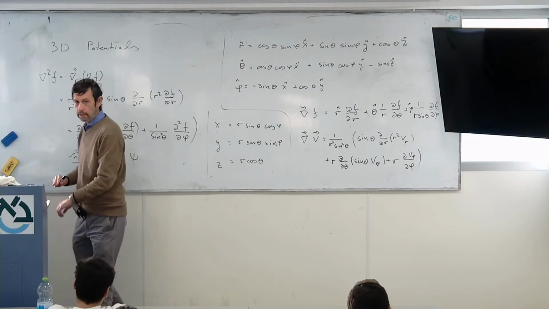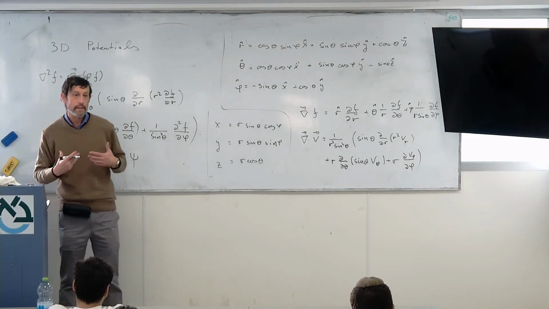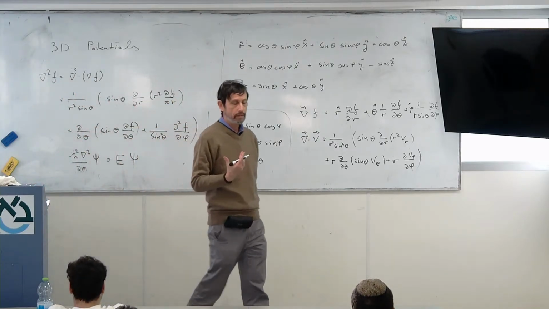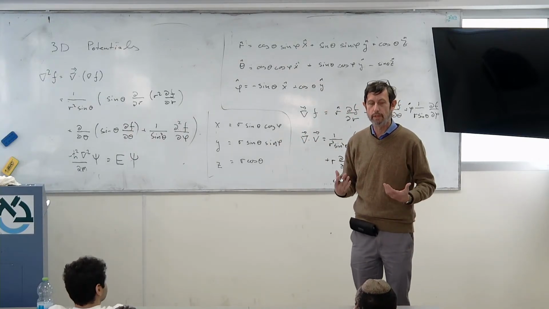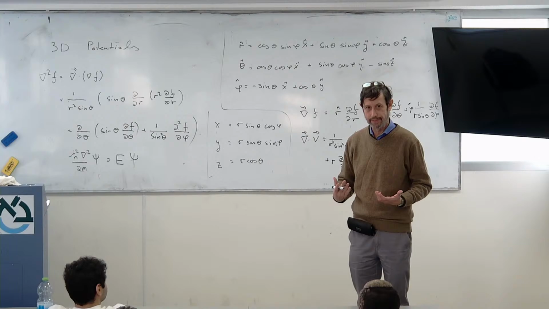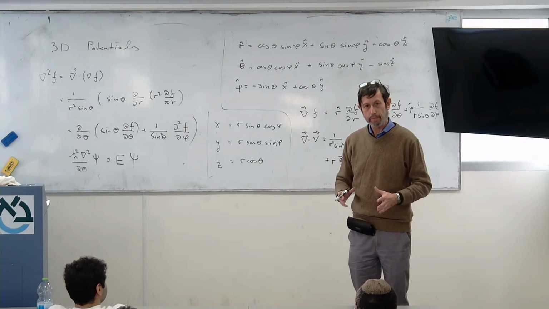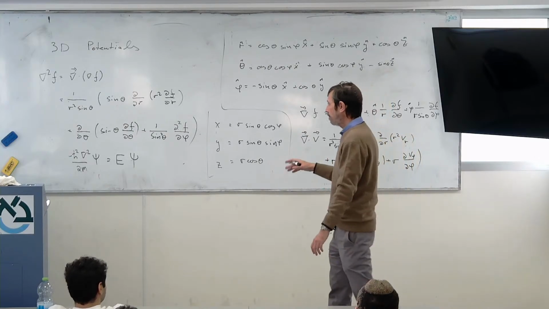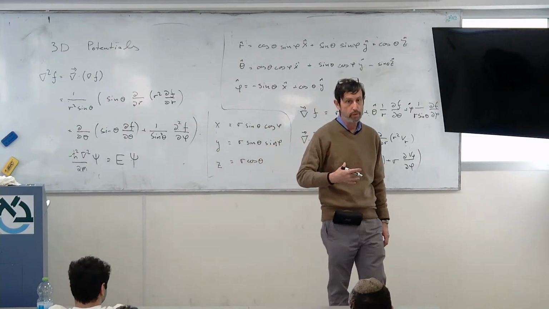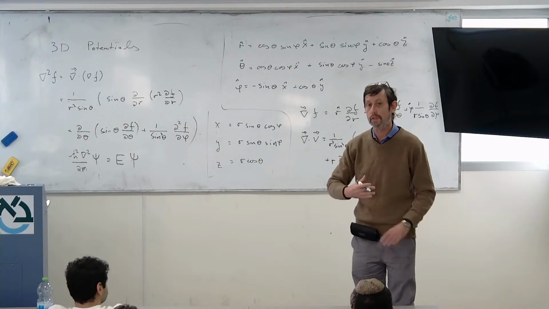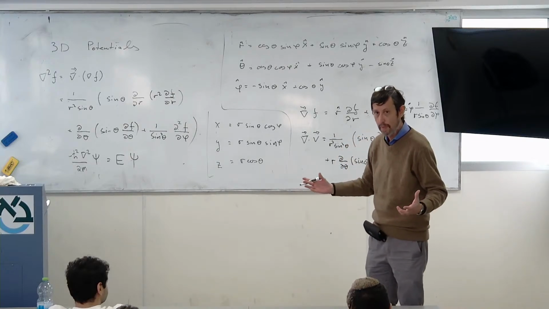So we'll start. We'll see why angular momentum comes out here very naturally. Forget about the potential, concentrate on the angular momentum, because angular momentum is conserved for any potential.